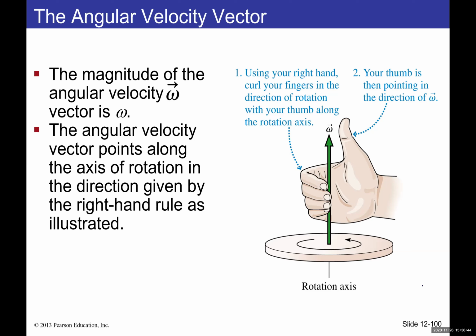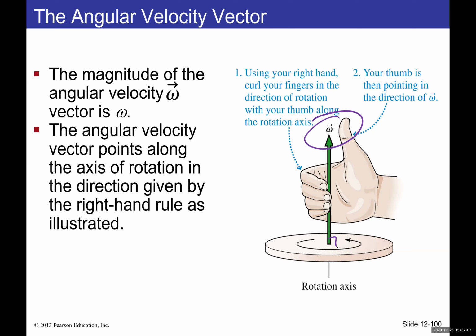Your thumb will then point in the direction of the angular velocity as a vector. That means angular velocity is technically always perpendicular to the plane of rotation. Similarly, if the disk is rotating clockwise, you curl your fingers clockwise, and your thumb points down.